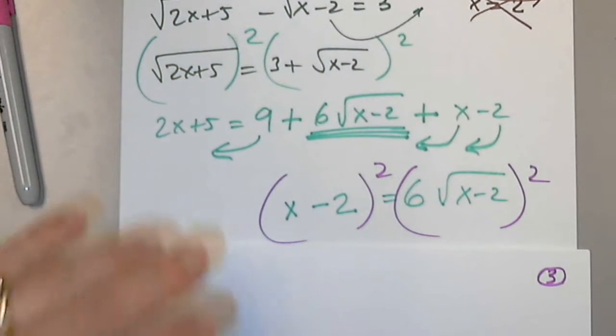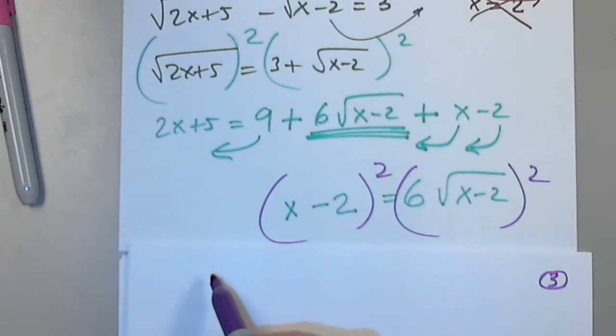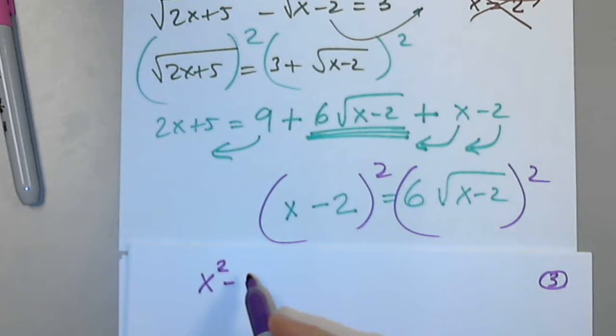Good. Okay, what now? Left hand side, please. Plus x minus 2, or x squared minus 2x. We have an agreement. X squared minus 4x minus 4 plus 4. Very good.